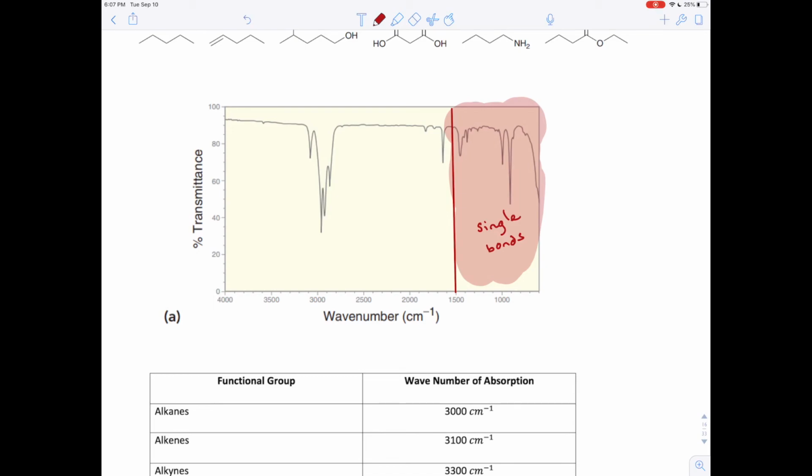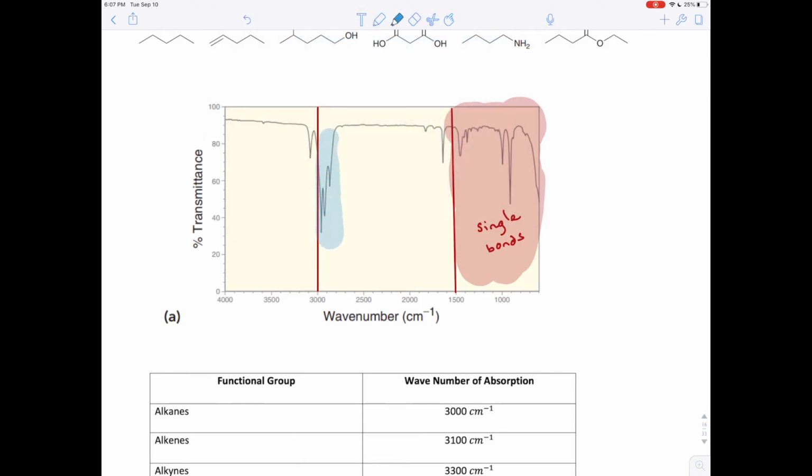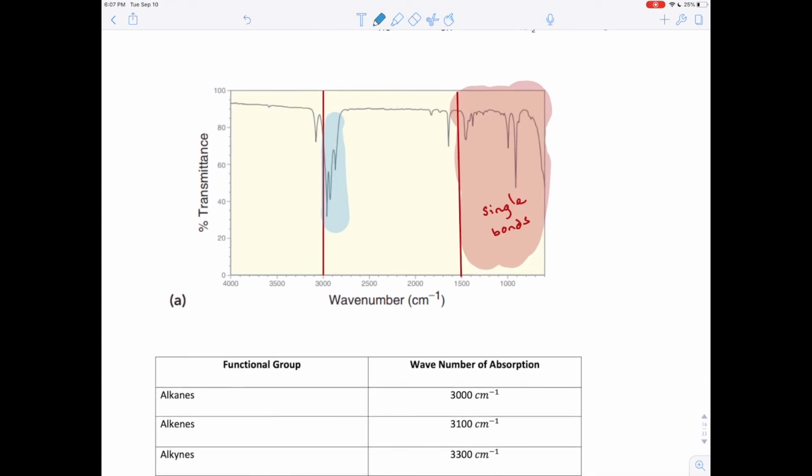Now, another useful line to draw is one at 3000. Because just to the right of 3000, you have that very common landmark, the absorption for an alkane. This is a carbon, sp3 hybridized carbon to hydrogen bond there. And there are a lot of those in a molecule.